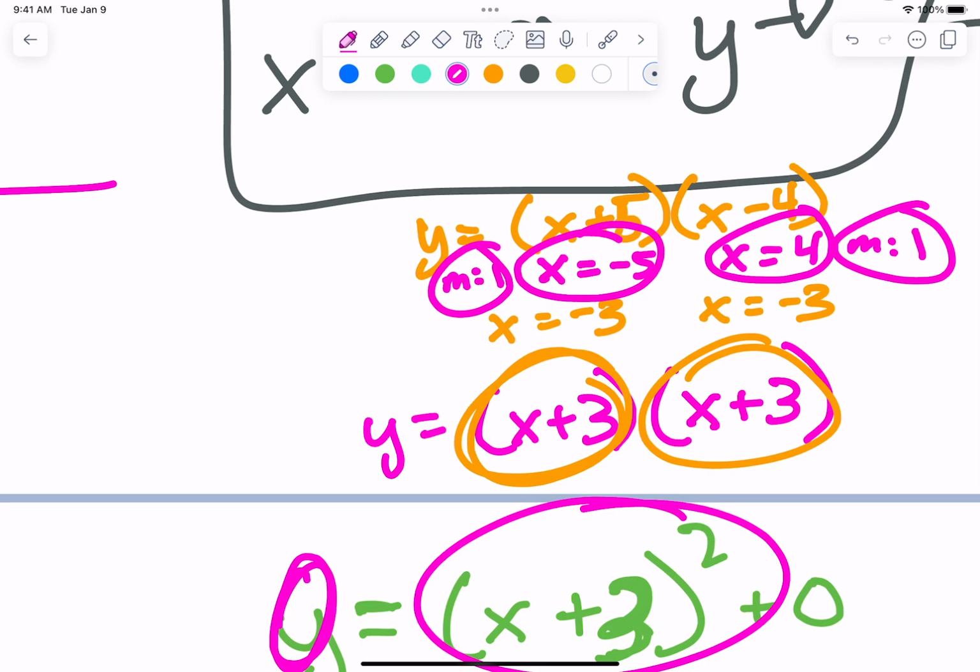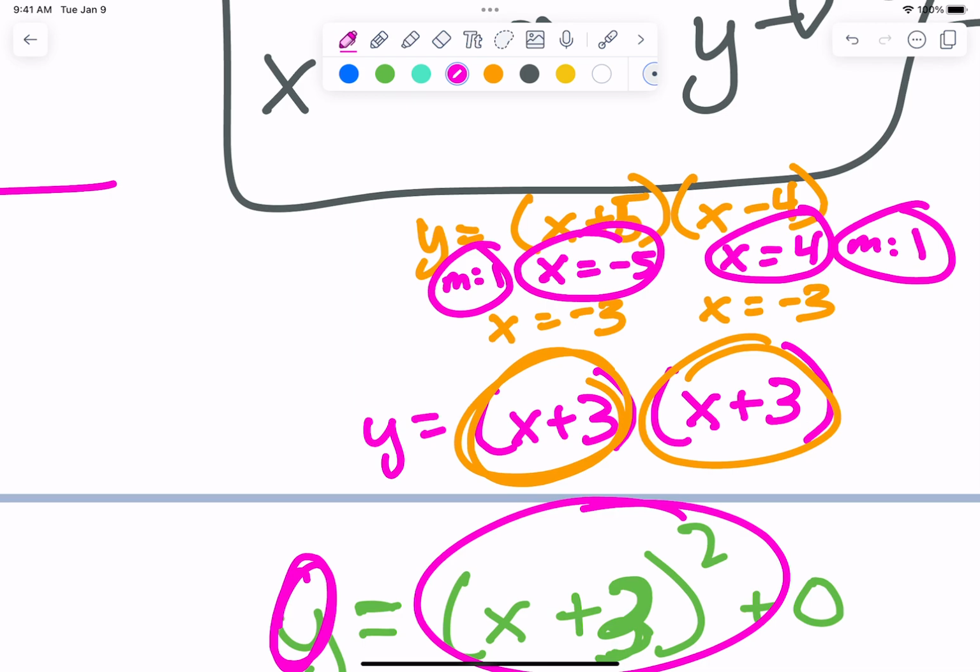If it has an odd multiplicity, like 1 or 3 or 5 or 7, it's showing up as an answer once, or 3 times, or 5 times. If it has an odd multiplicity, it's going to cross the x-axis at that point. If it has an even multiplicity, like this one, it's going to come down, touch, and then go back.